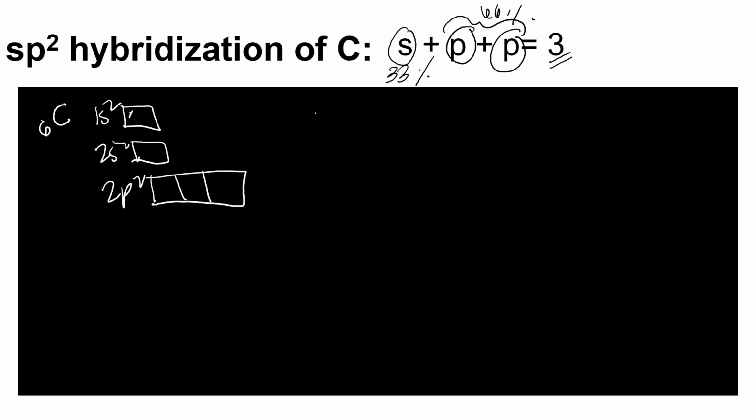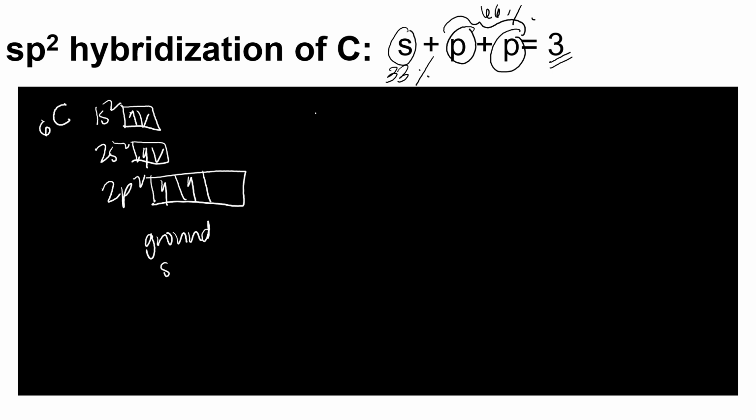So again, we consider carbon in its ground state. So carbon again has 6 electrons. In ground state, you have your 1s2, 2s2, and your 2p2. So 1, 2, 3, 4, 5, 6. This is in ground state.